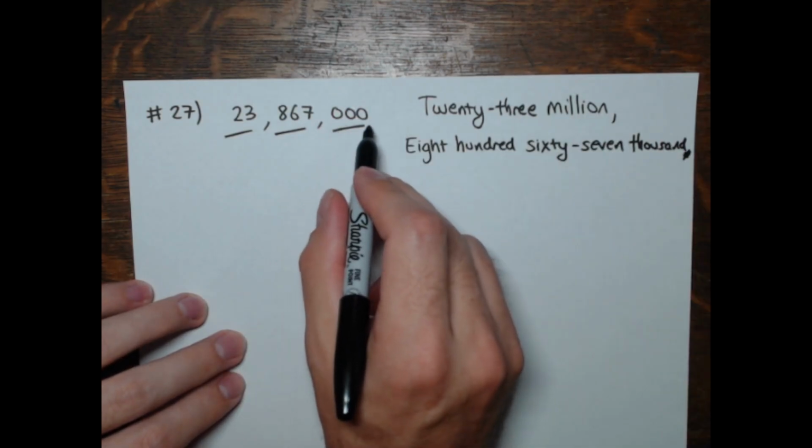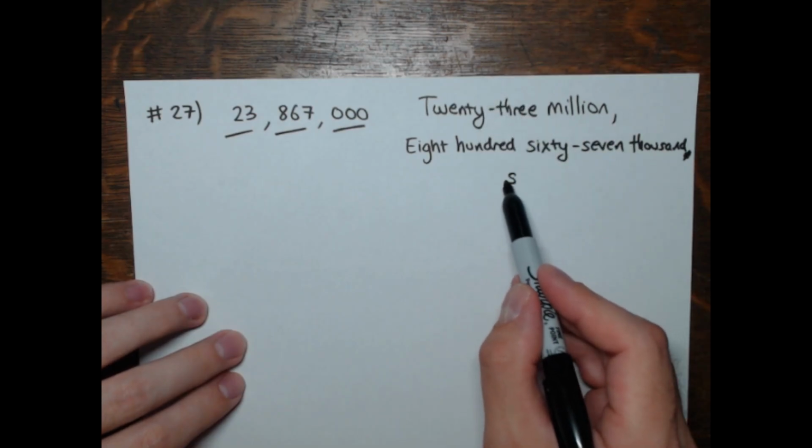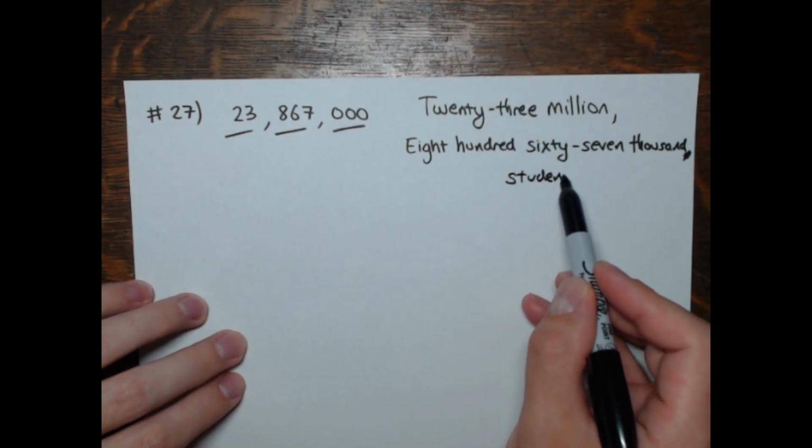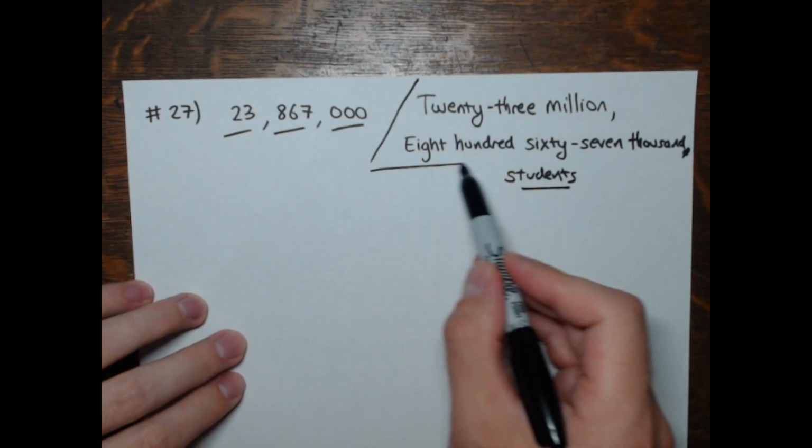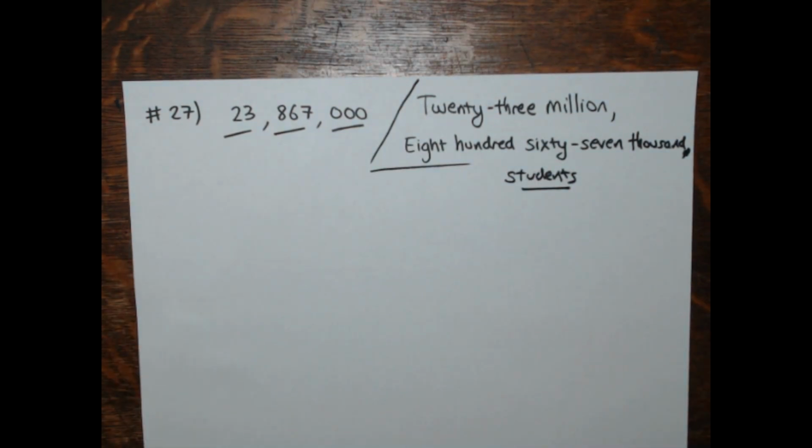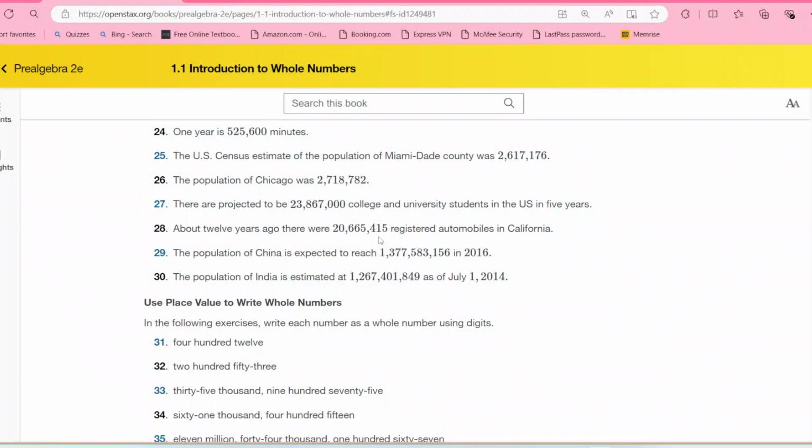There are no ones. So this would be students. There's the number written in words: 23,867,000. And once again, being an odd number, might as well check it out.